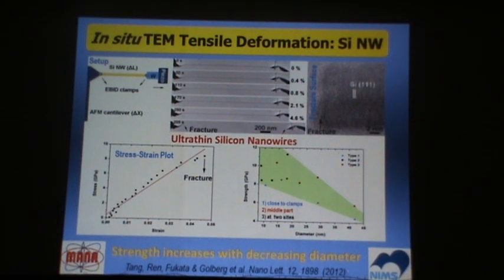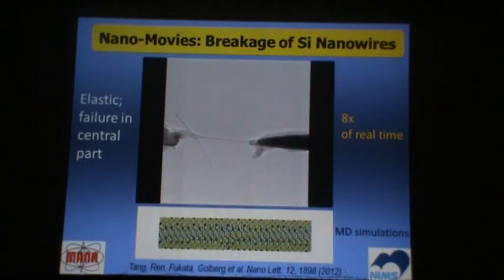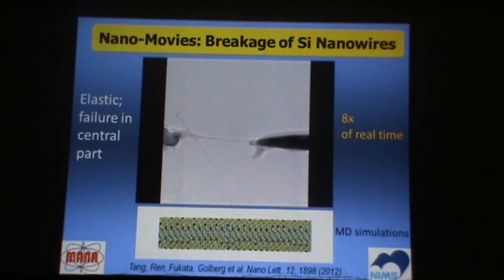And the good thing is that we can analyze the crystal structure, we can be sure that we are dealing with single crystal material oriented along the 1-1-1 direction. And this is just a normal stress-strain plot. And this movie shows you the real-time fracture, actually at 8 times speed.